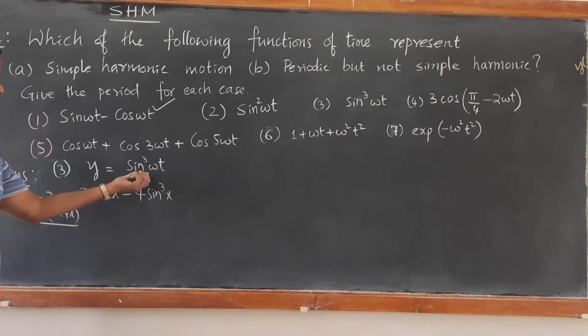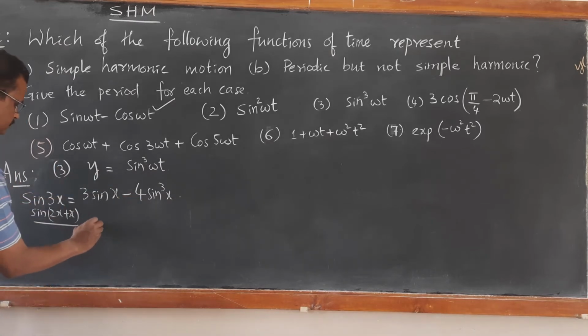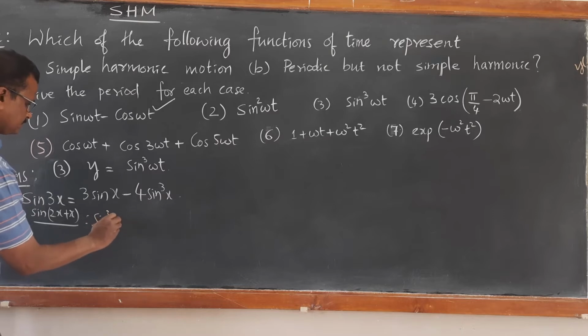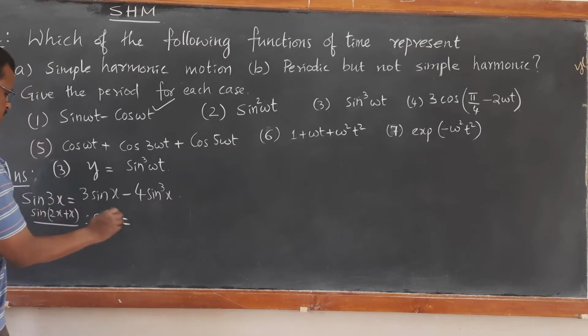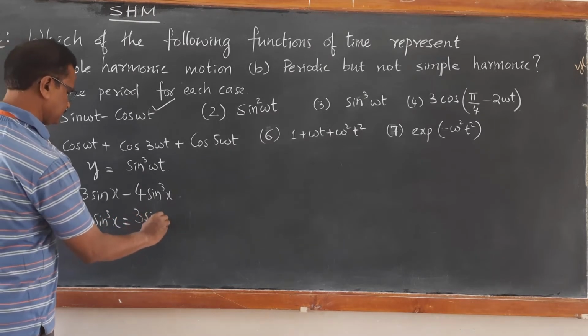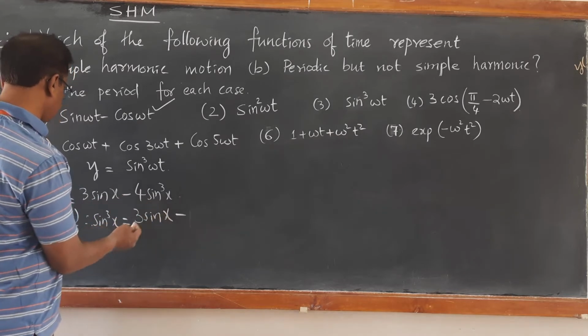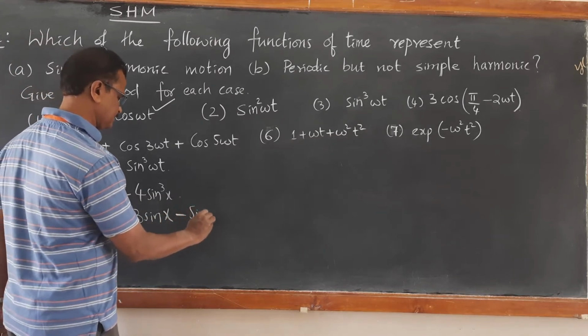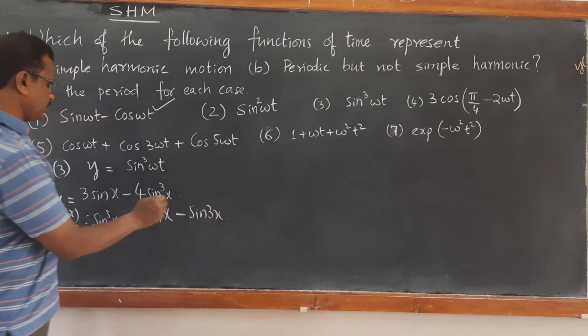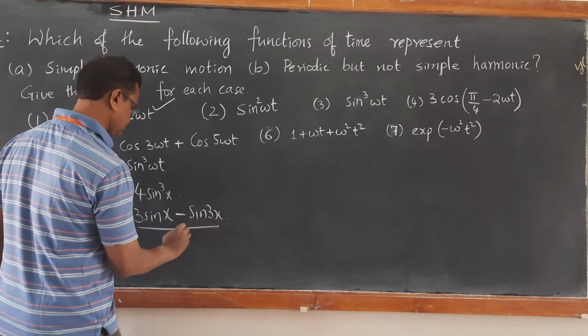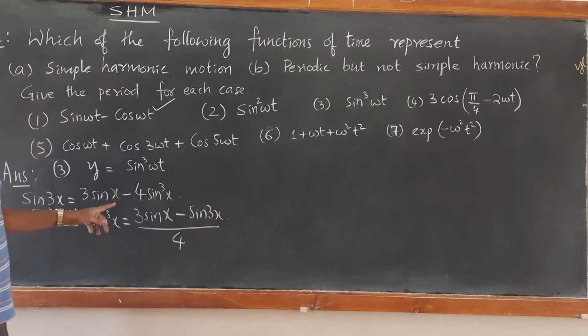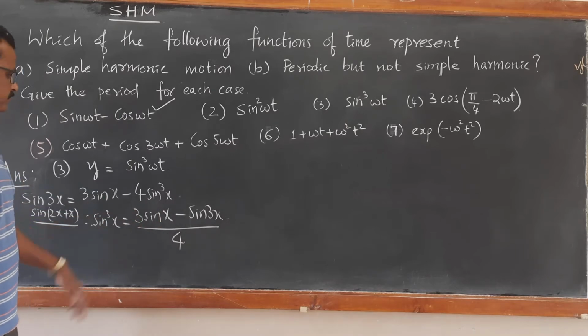So we want the sin cube function. Therefore, what is sin cube x? Sin cube x equals (3 sin x minus sin 3x) divided by 4.